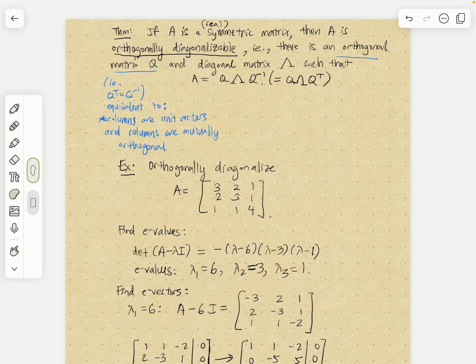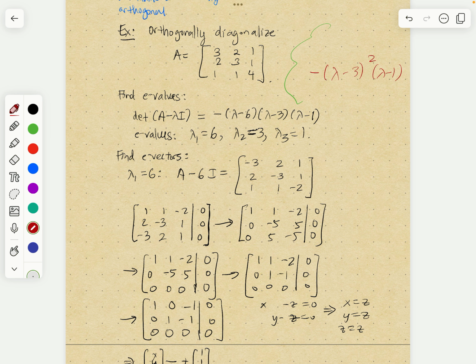But you could have had something like, in a different color, maybe negative lambda minus 3 squared, lambda minus 1. And then you'd have a repeated eigenvalue. And when you have a repeated eigenvalue, so in this case, you have a repeated eigenvalue of 3, and the dimension of the eigenspace is 2, so you have a 2-dimensional eigenspace.